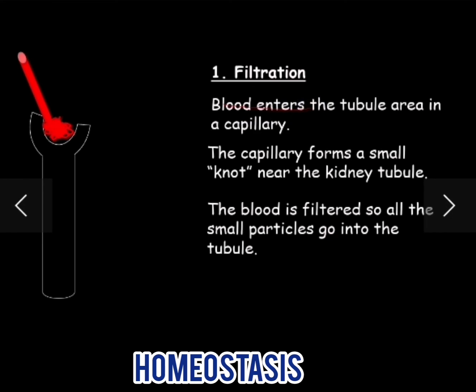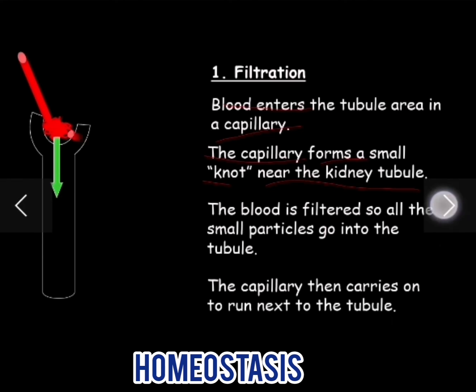Here we have the blood entering the tubule area in the capillary. Then the capillary forms a small knot near the kidney tubule. The blood is filtered so all the small particles go into the tubule. Then the capillary carries on to run next to the tubule.